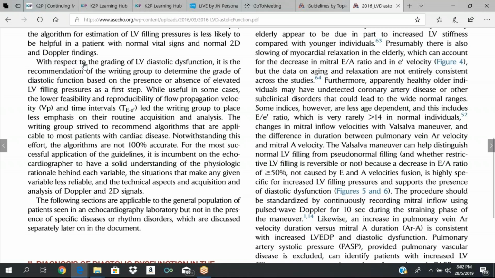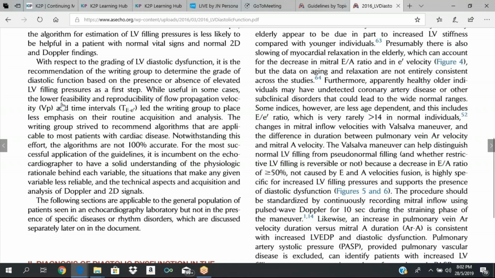So with respect to the grading of LV diastolic dysfunction, it is the recommendation of the writing group to determine the grade of the diastolic dysfunction based on the presence or absence of elevated LV filling pressures as the first step. Okay?